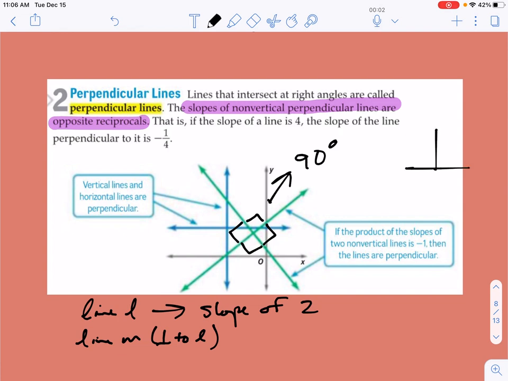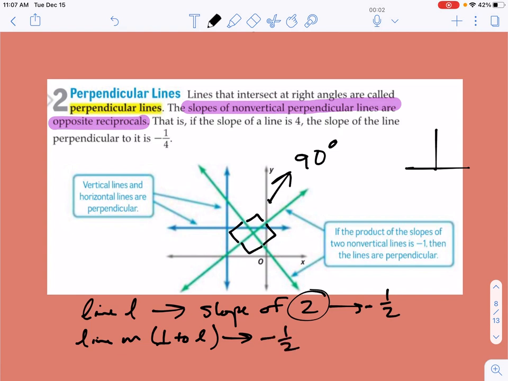It looks almost like you're playing hangman. So the slope of M: you would look at line L, take 2, and take the reciprocal of 2, which would be 1/2. Then it's the opposite reciprocal, so if it's positive, it becomes negative. So this would be negative 1/2.